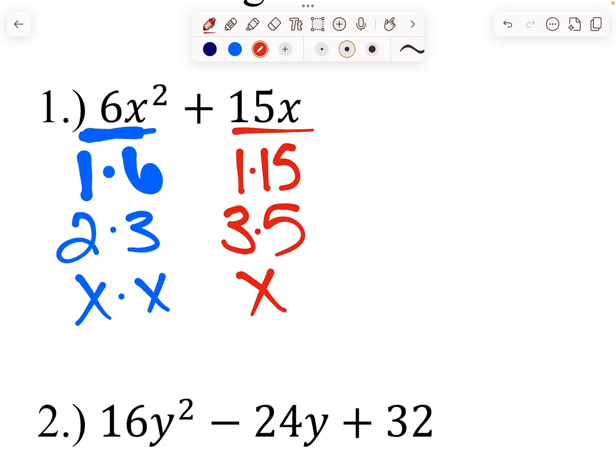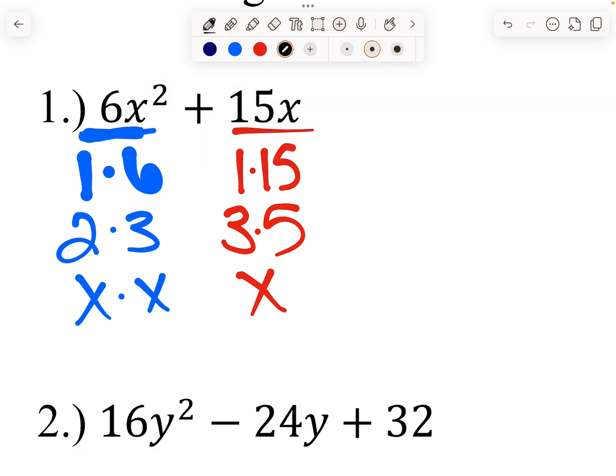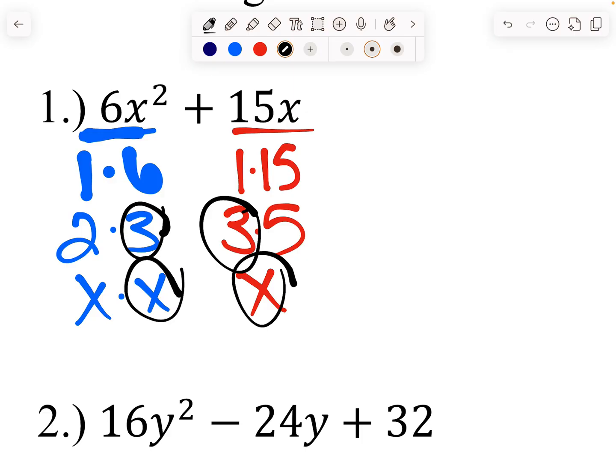So I'm going to look to see, okay, what is the largest number that they both have in common. Okay, so they both have a 3, and then they both have 1x. So the GCF is going to be 3x.